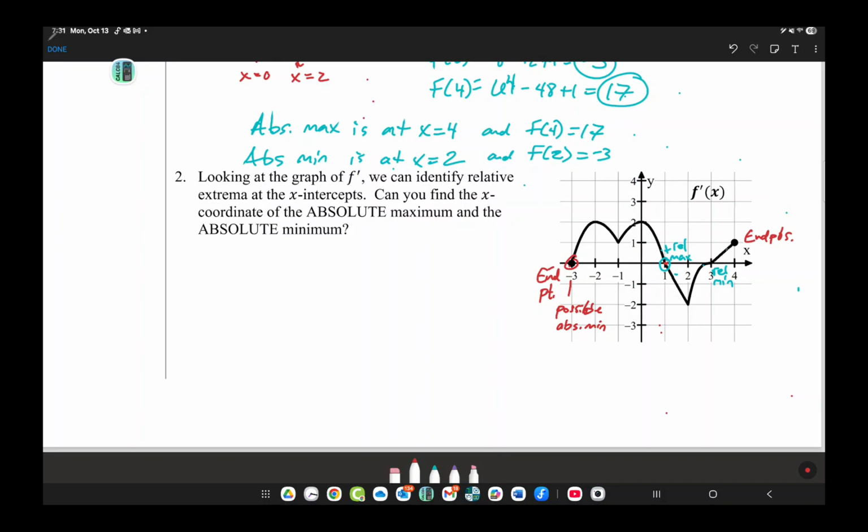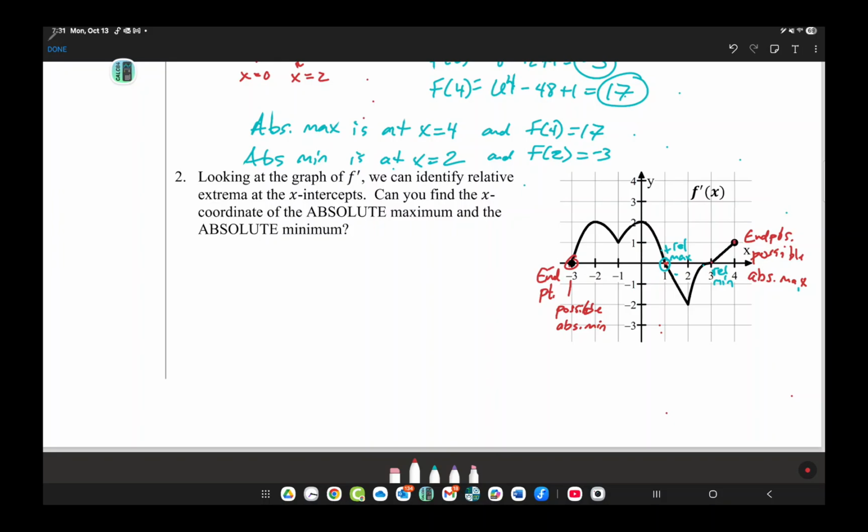This right here, because I'm still after this point, after I have a relative min, because this point is increasing and still after this, this is also a possible absolute max. So which one is your absolute min, absolute max?